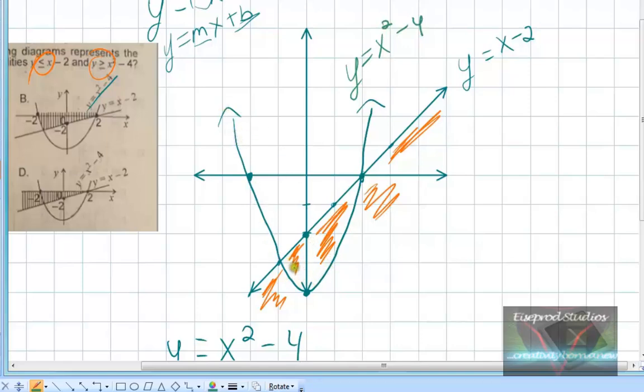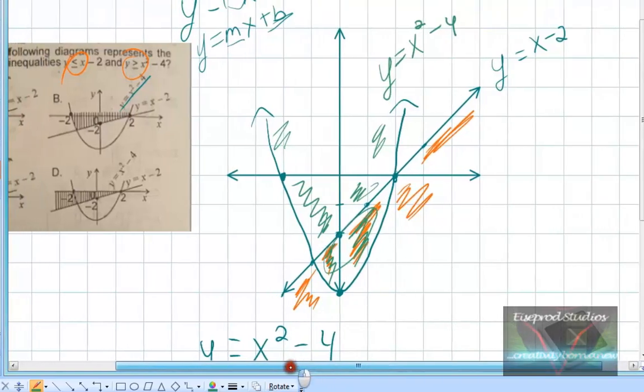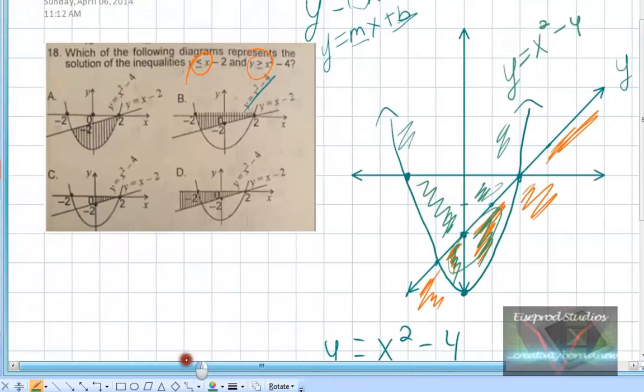Well, that would be everything here, and also everything in here. And so the only place that would satisfy both of these inequalities would be this section right here. So the answer then would be A.